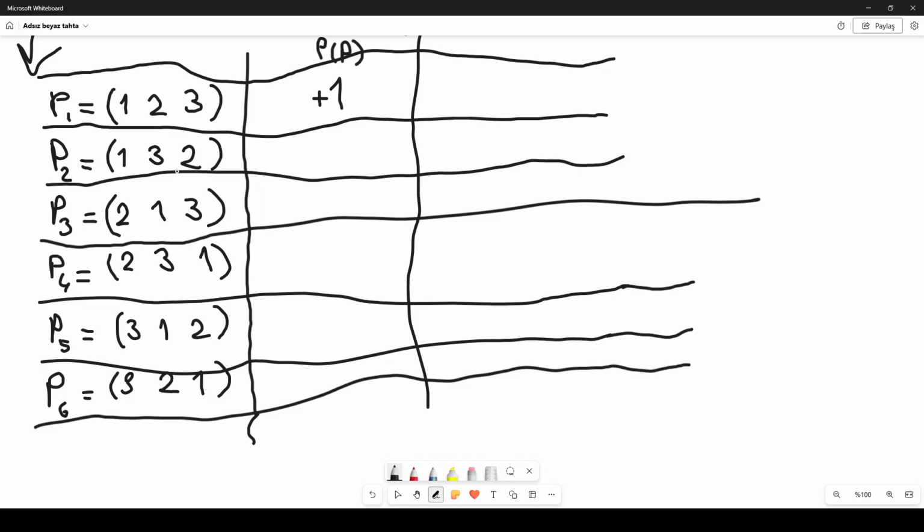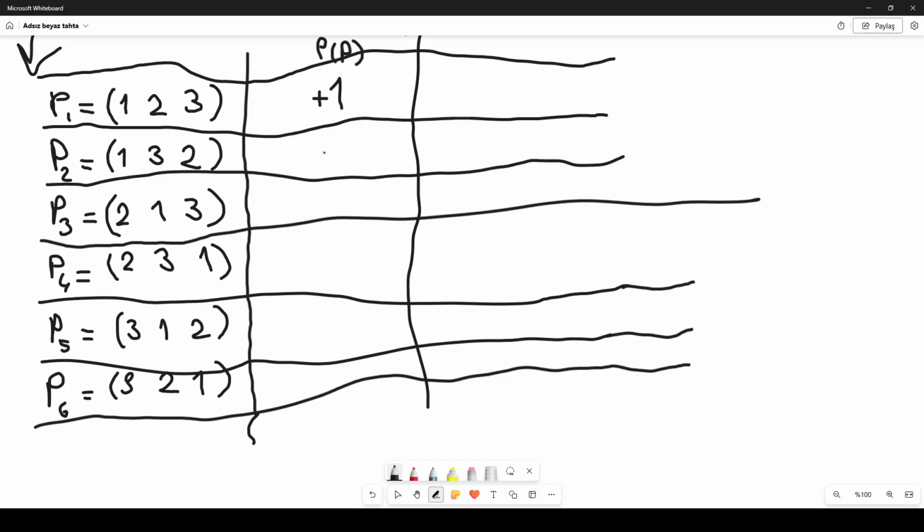How about the second permutation? In how many different interchange operations can I convert it into the first one? I just look at how many positions are different, and as you notice here, 3 and 2 are in wrong places, so only one interchange would be enough to restore P1.